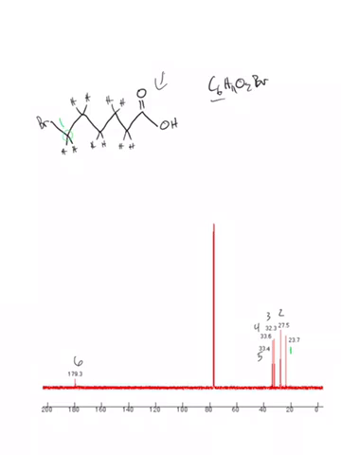And then this environment here is going to correspond with number 2, because it is shifted slightly downfield, and that would make sense because we are getting closer to the carboxylic acid. And then number 3, we're going to give this value, because again, we are getting closer to the carboxylic acid. And so following that pattern, we're going to get this to be number 4. Number 5 is going to be here.